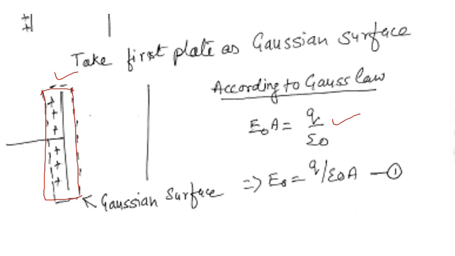Since we have taken only the first plate, the applied field is E0, so E0 A should be equal to Q over epsilon 0. From here, we can write the value of electric field. Q is equal to epsilon 0 E0 A. This is your Gaussian surface.